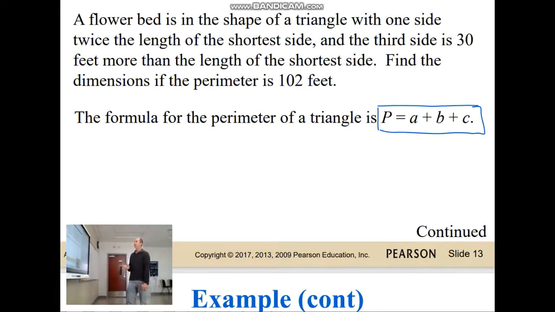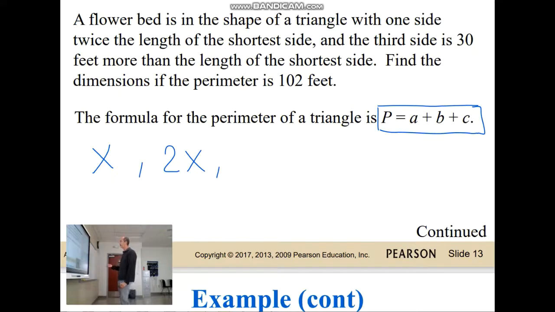We know that the flower bed is in the shape of a triangle with one side twice the length of the shortest side. Let's call X the shortest side. So we have the other side is 2 times X, right? Twice the shortest side.